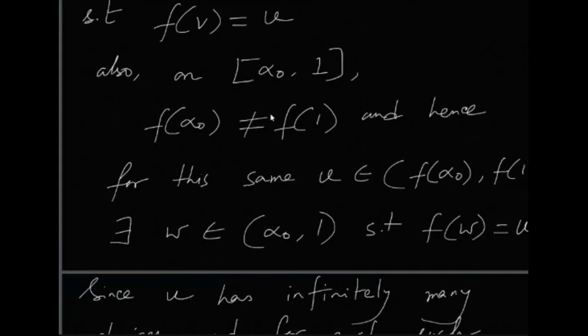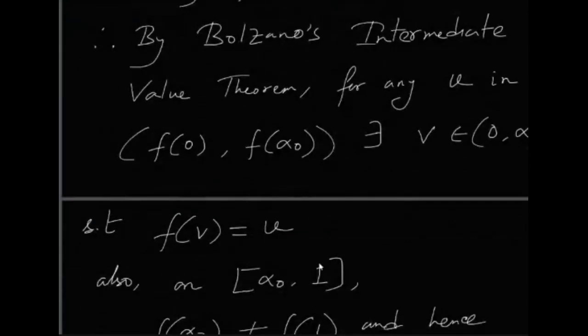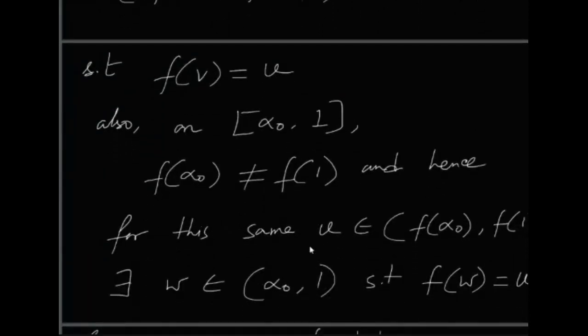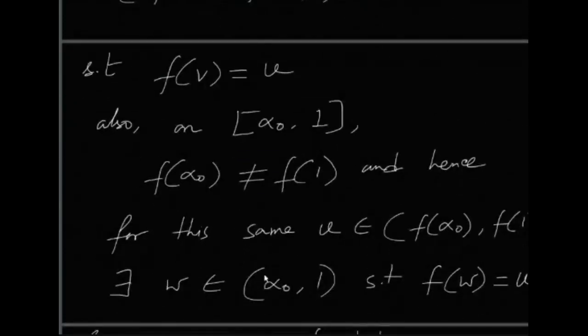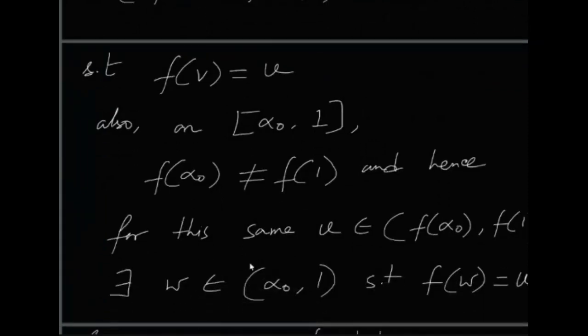I am using the same number u for the first interval 0 comma alpha naught and the second interval alpha naught comma 1. In the first interval I get a number v, and in the second interval I get another number w. Clearly v and w are distinct numbers, because v belongs to 0 comma alpha naught and w belongs to alpha naught comma 1.